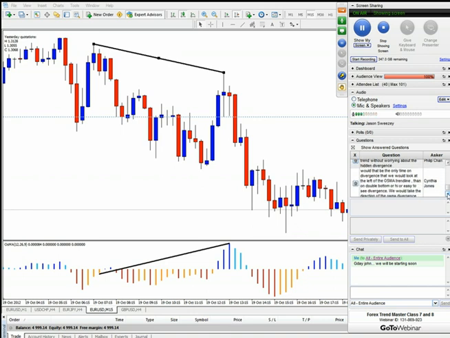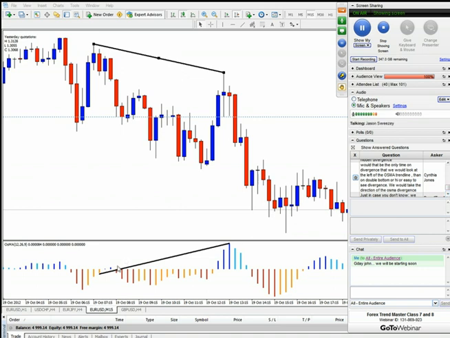Now Cynthia is saying, would that be the only time on divergence that we would look at the left of the OSMA trend line? Then on double bottom, double top, or easy to see divergence, we would take the direction of the OSMA divergence.